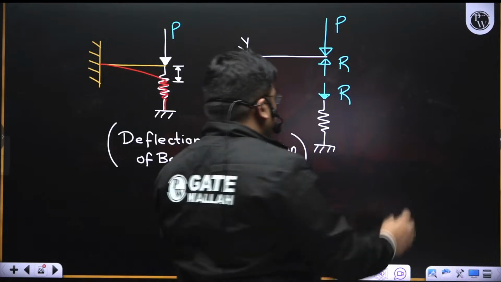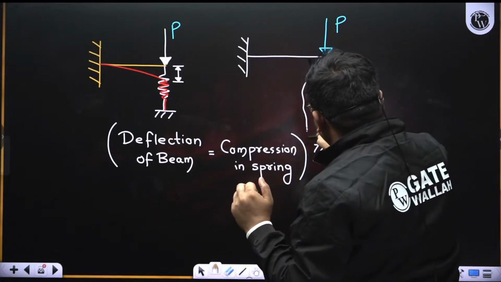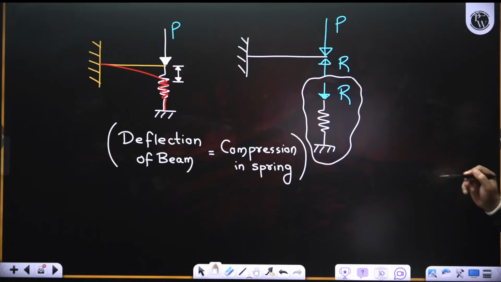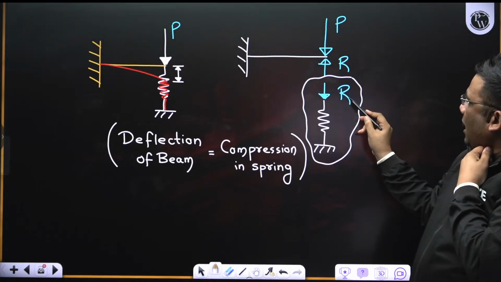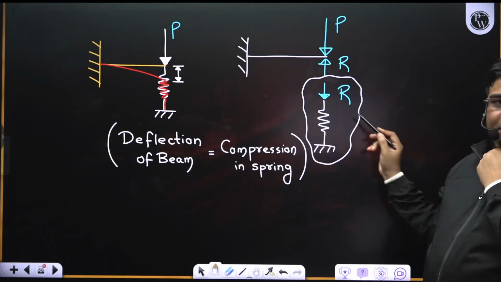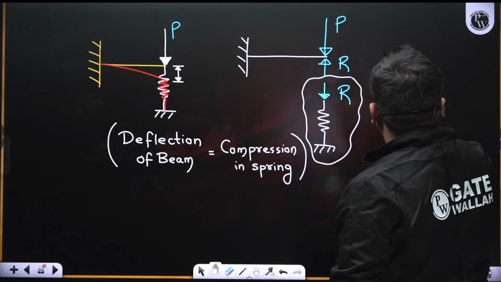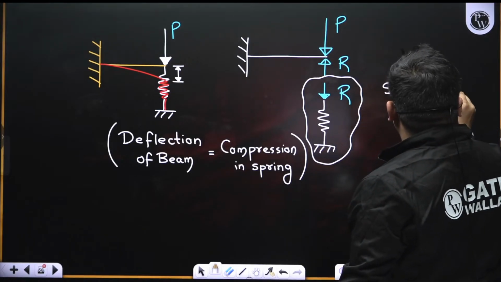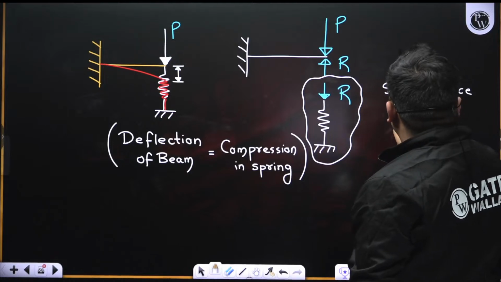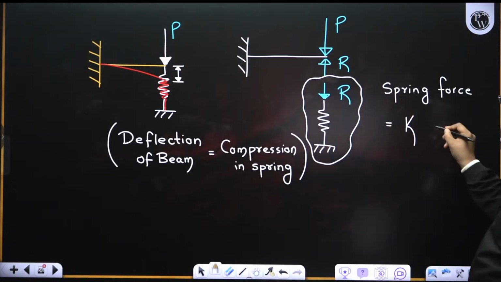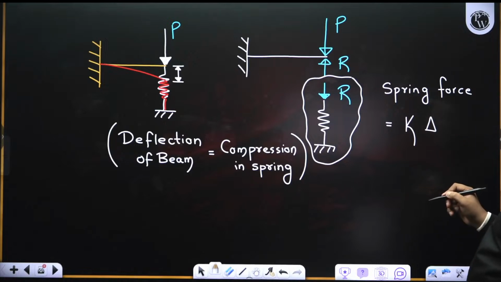Now, if we see the spring only, how much force is applied? R, right? So this is the spring force, meaning how much force is acting on the spring. We know that spring force is equal to the spring constant times the deflection or compression of the spring.